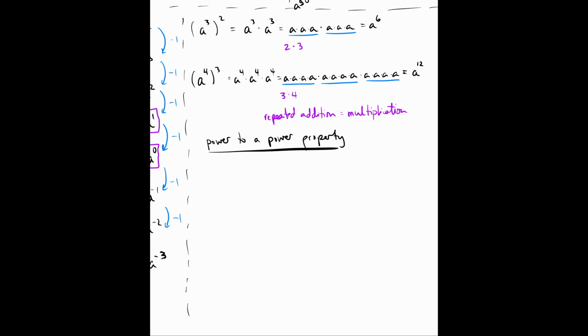And this property tells us that if we raise a power to another power, we can figure out the new exponent by just multiplying the exponents. That's the power of a power property. Any name that expresses the idea would be sufficient. Awesome.